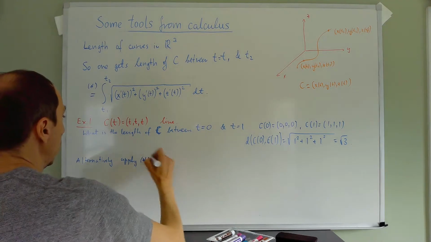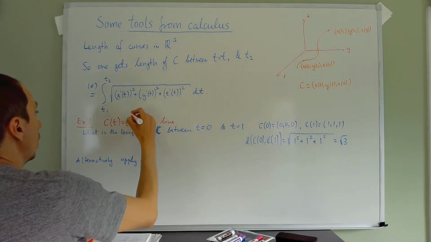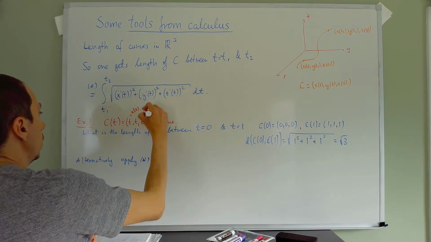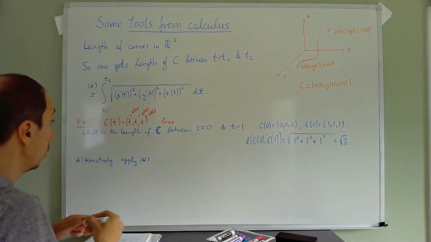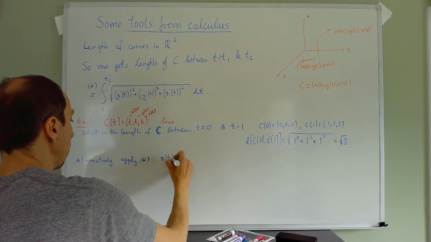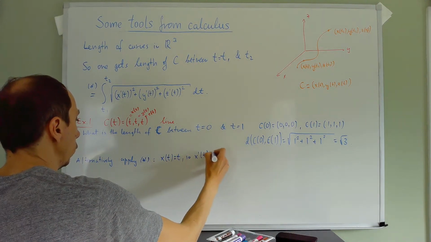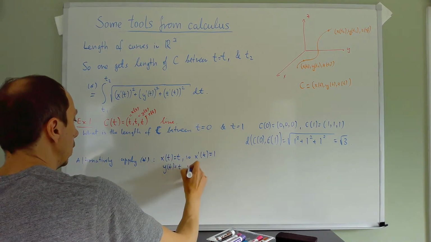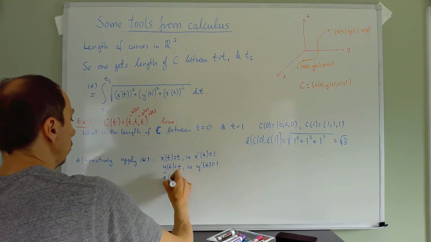So what do we get? Remember this is x of t, this is y of t, and this is z of t. So we compute all the derivatives. x of t is t, so x prime of t is 1. y of t is t, so y prime of t is also 1. And same thing with z.